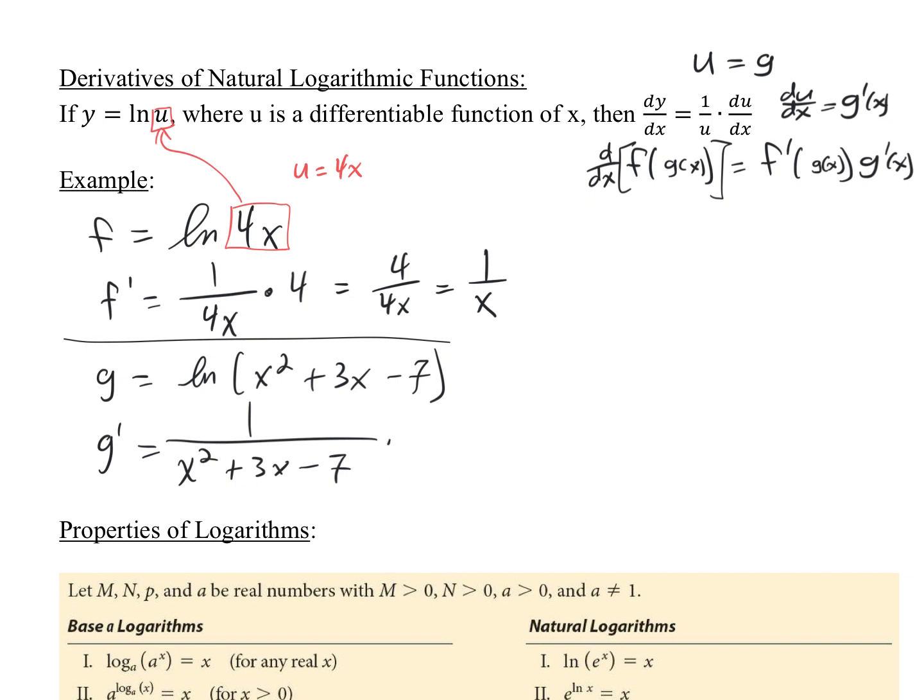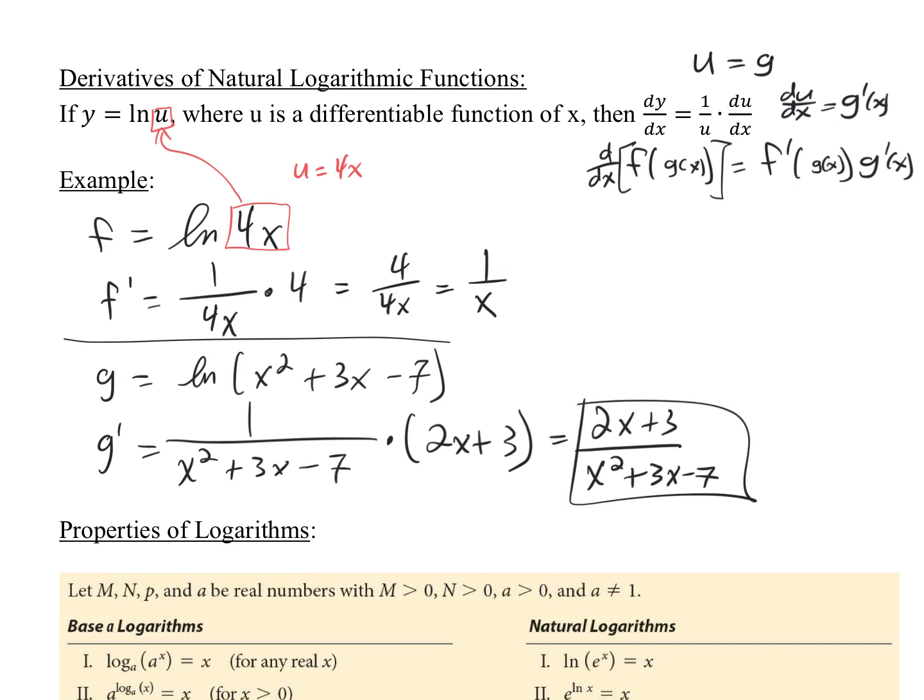So now we'll multiply by 2x plus 3, and then we'll see, okay, in the previous example, the 4 and the 4 reduced and you just had 1 over x, but there's no way that 2x plus 3 is going to reduce with this denominator somehow and magically give us 1 over x. It's just not going to happen. So what do we do? We don't do anything. We just simplify it as 2x plus 3 over x squared plus 3x minus 7, like so.